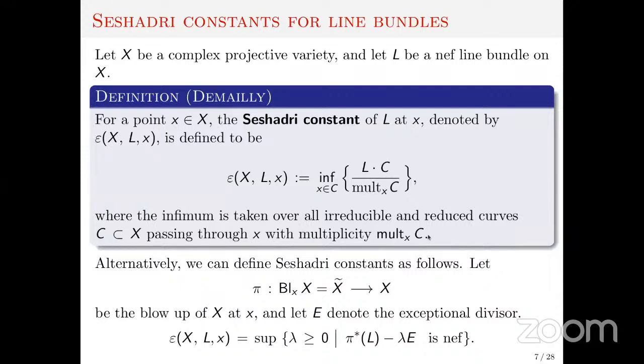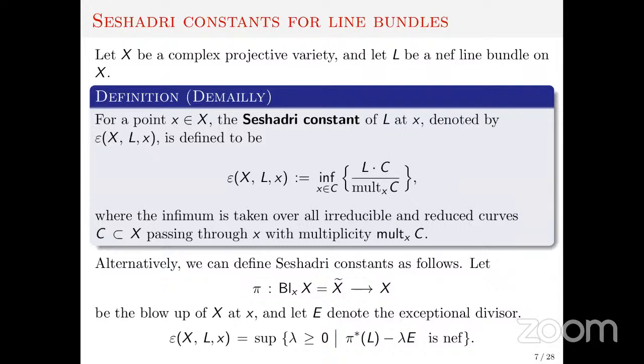Although Demailly defined it for the Fujita conjecture, it turns out that his approach is not quite suitable to prove the Fujita conjecture, because the Seshadri constant can take arbitrarily small values, which is the main difficulty in proving the Fujita conjecture using the Seshadri constant.